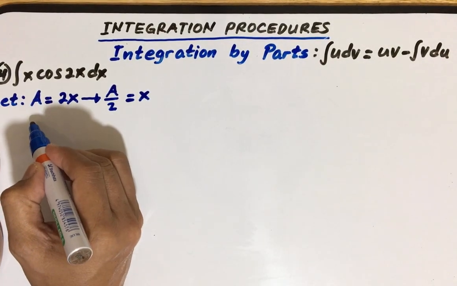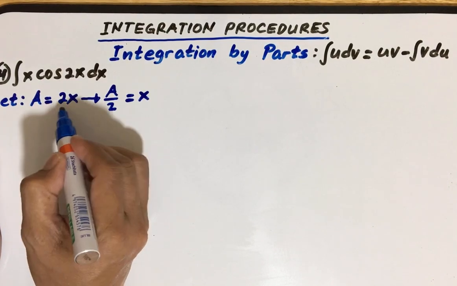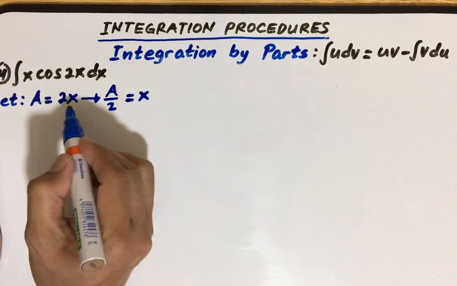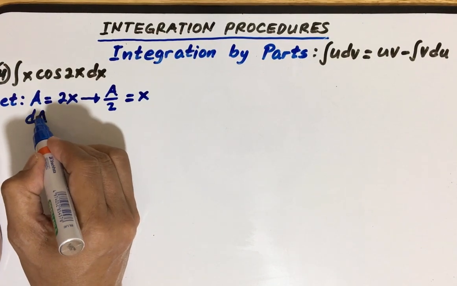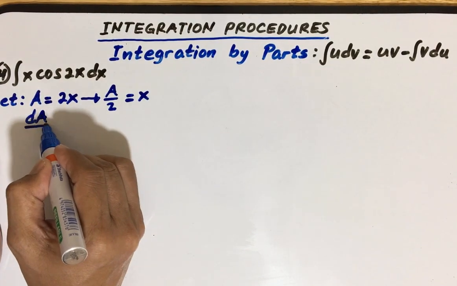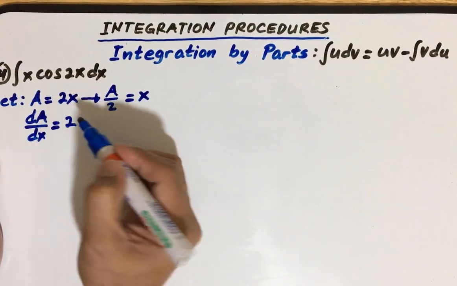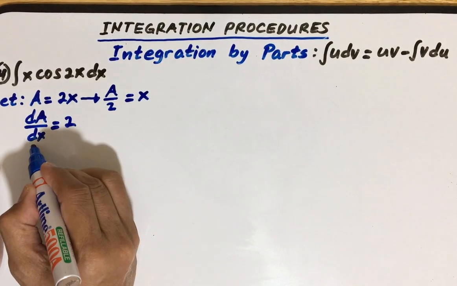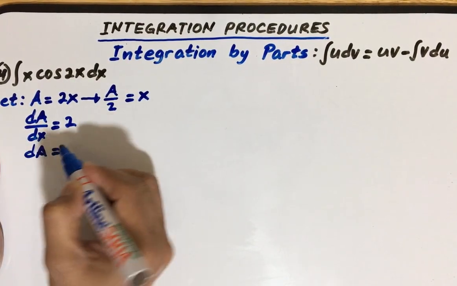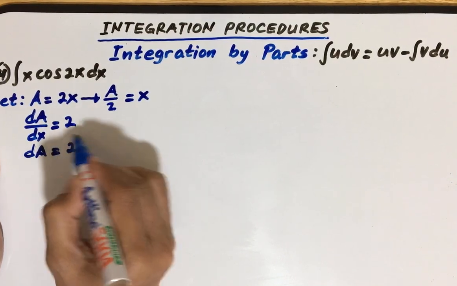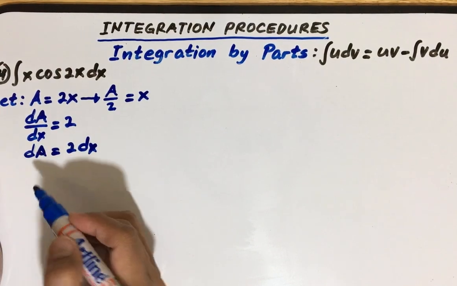And if we take the differential on both sides, the derivative of a with respect to x is equal to 2, from our differential calculus. So solving for dA, our dA is equal to 2 times dx, by multiplying both sides by dx.